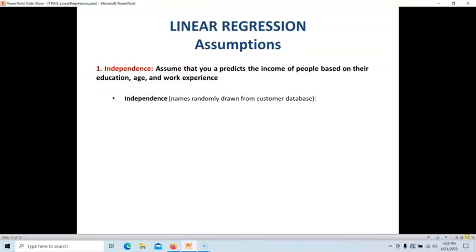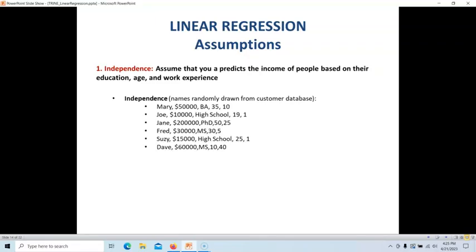So independence, let's assume we draw a bunch of people out of a database randomly, we have a bunch of customers, and we're trying to figure out if we know their age and their education and their work experience, can we predict their income so we know how to market to them? Well, here we have Mary, and she makes $50,000 a year, and she has a bachelor's degree. She's 35, and she's worked for 10 years. And Joe only makes $10,000, and he's got a high school diploma. He's 19. He's only worked for 1 year.